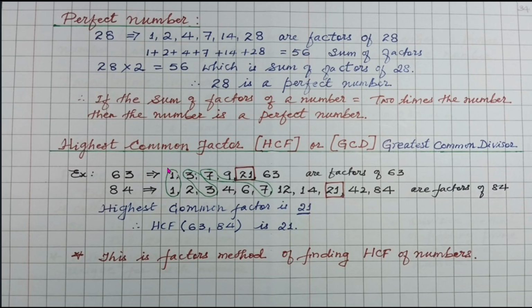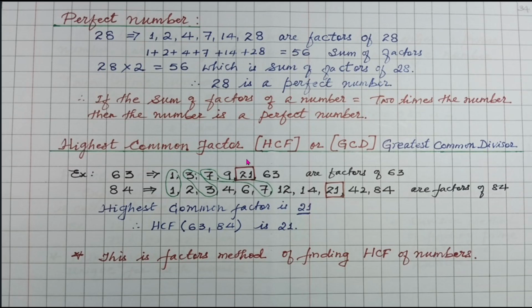Now if you observe here, the factor 1 is common to both 63 and 84, factor 3 is common to both, then 7 is common, and so on. But you find the highest common factor is 21. See, 21 is the highest common factor, and therefore the highest common factor of 63 and 84 is 21. And therefore we call it the highest common factor or the greatest common divisor.